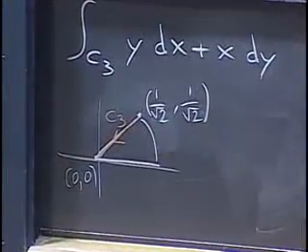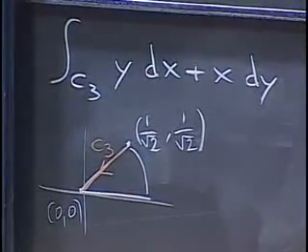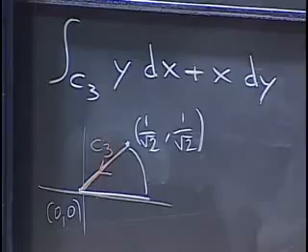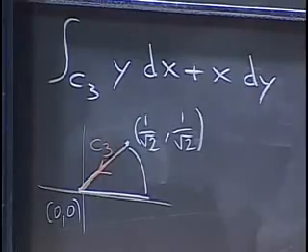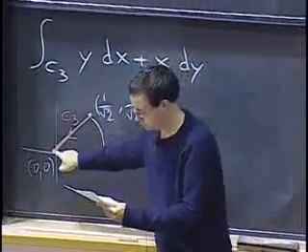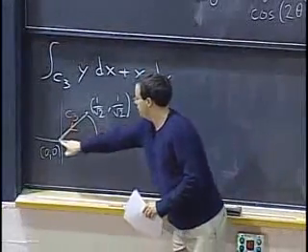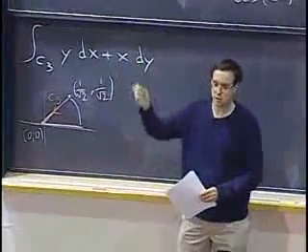So we need to figure out a way to express x and y in terms of the same parameter. So one way, which is very natural, would be to just say, well, let's say we move from here to here over time. At time 0 we're here, at time 1 we're here. We know how to parameterize this line.